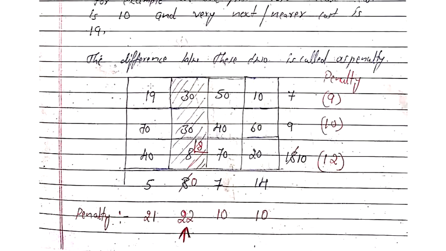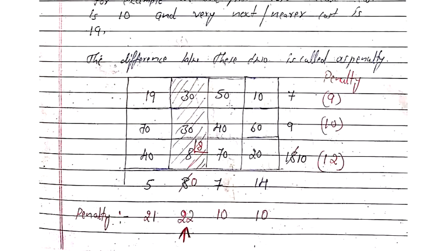Out of that, 19 is the minimum cost and the very next cost is 40. So 40 minus 19, 21, is the penalty. Coming to the next column, we have 30, 8 and the third value. The minimum cost here is 8, and the very next cost is 30. So 30 minus 8 is 22.